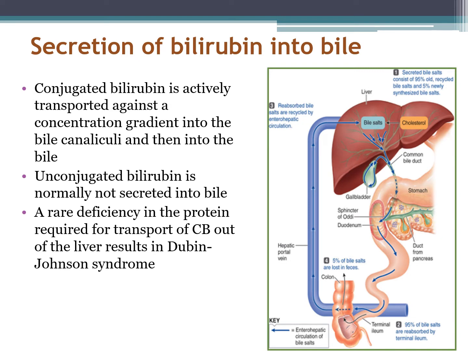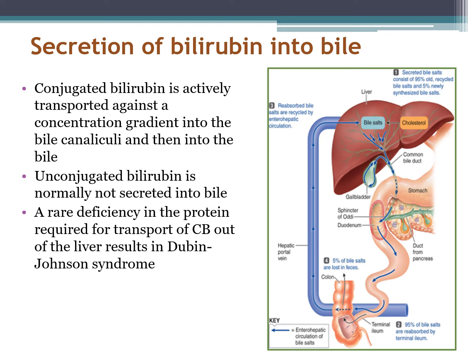So then secretion of bilirubin into the bile. What have we learned? The bilirubin enters the hepatocyte and gets conjugated via the enzyme called bilirubin UDP glucuronyl transferase to the bilirubin diglucuronide.